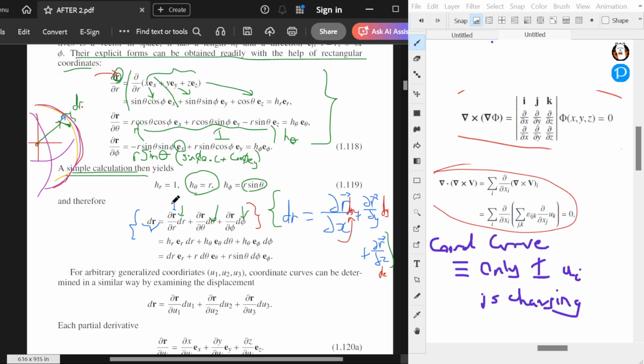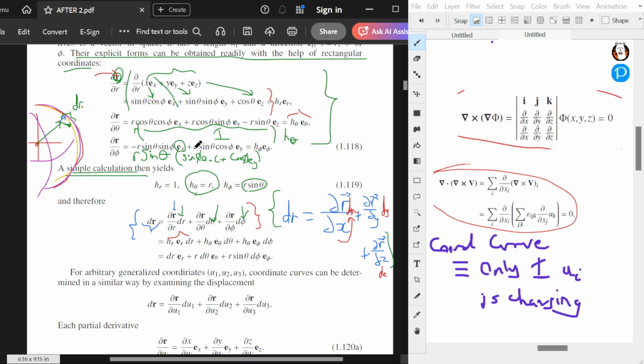Del position vector del R dr is equal to this. We found out from here. Good. We found out del position vector del theta is equal to this, H theta E theta.